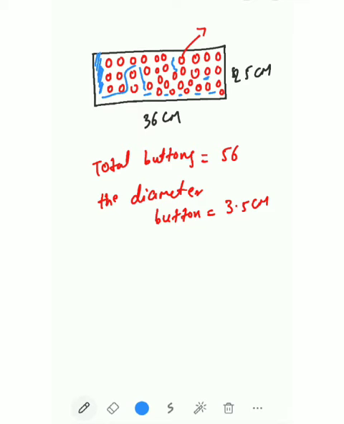To find that, first we find the area of each circular button, then multiply by 56 to get the area of 56 buttons. Then find the area of the rectangular acrylic sheet and subtract the circular buttons' area from the rectangular sheet area. Then we get the remaining area. Let me write the formula here.